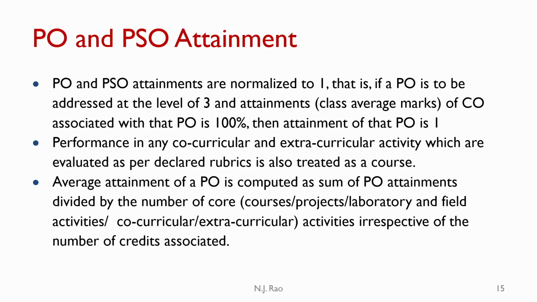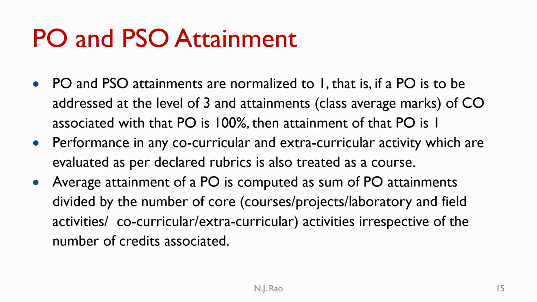Also, performance in any co-curricular and extracurricular activities which are evaluated as per declared rubrics can also be treated as a course. Another thing we would like to point out: when we finally calculate the PO PSO attainment, we are not going to differentiate between a 4 credit course, 3 credit course, 2 credit course and so on. We do not add extra weightage.